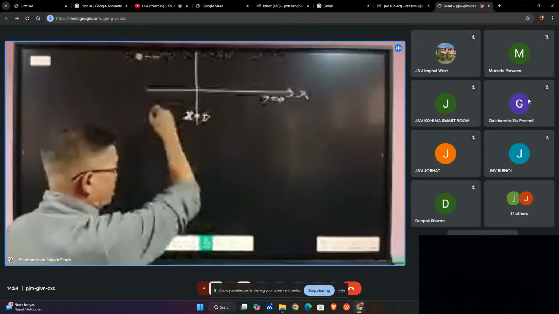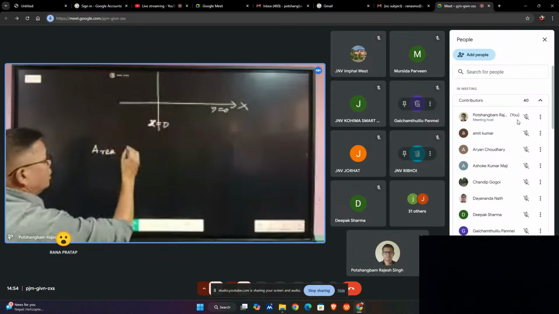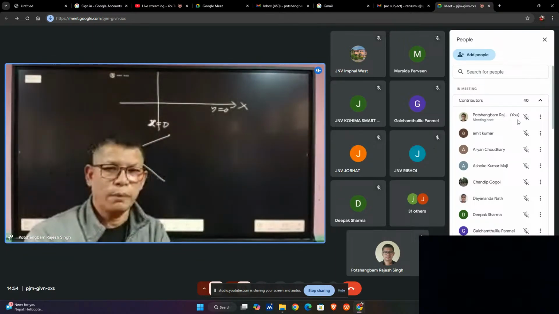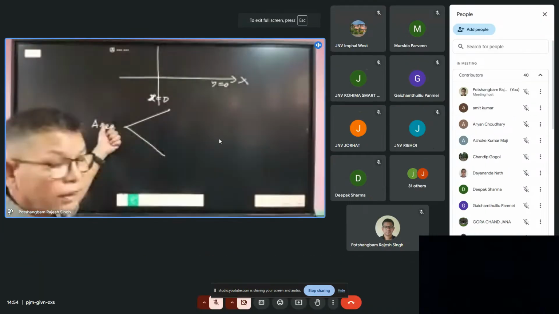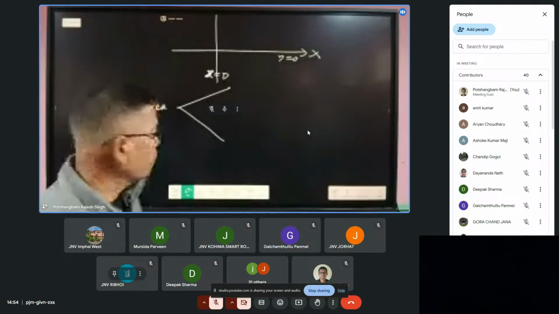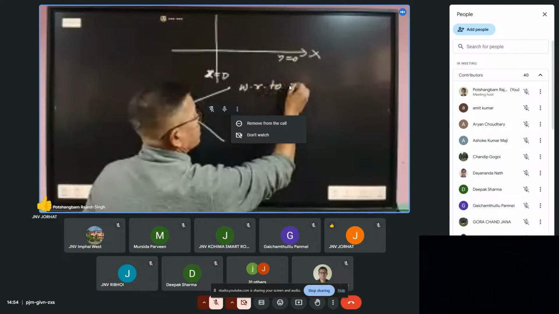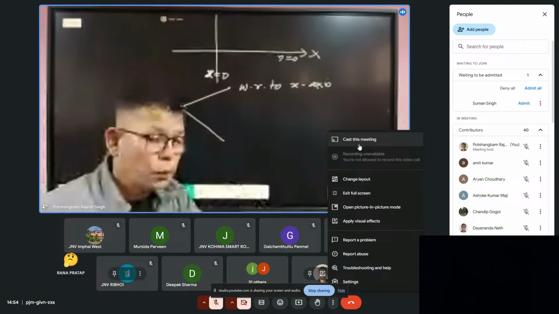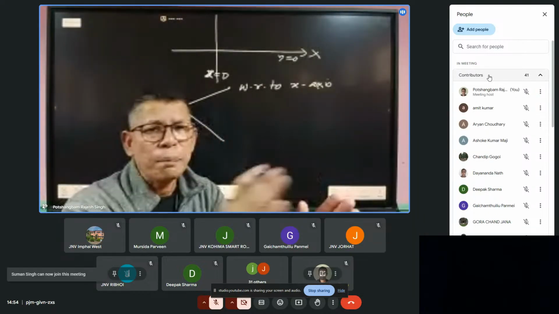In this case, I would like to divide the cases. The area that we are trying to find can be discussed in two ways. Number one is area with respect to the x axis. It means the area given to you should be defined up to the x axis only.